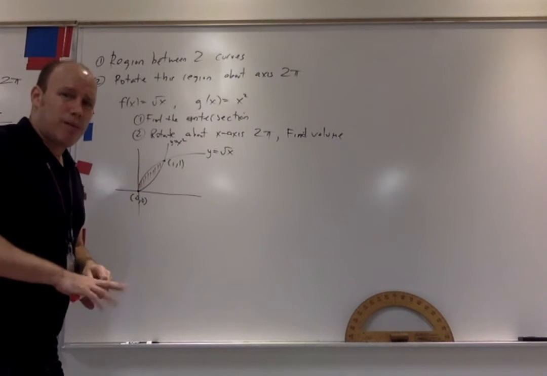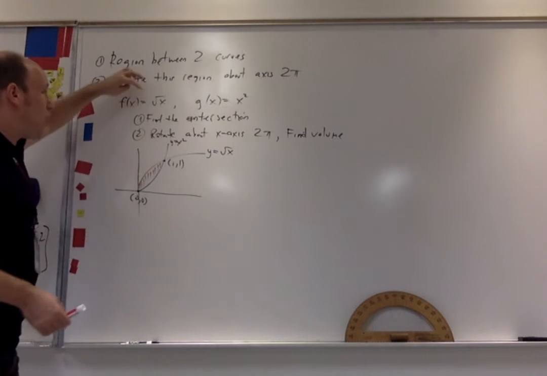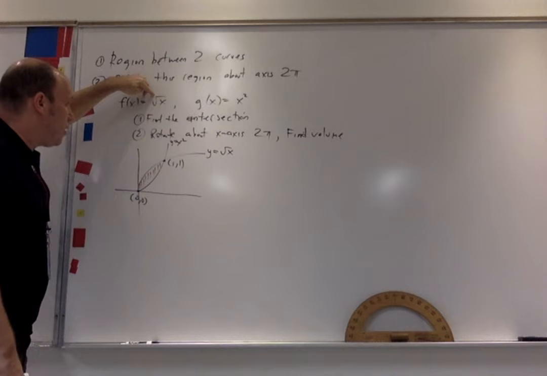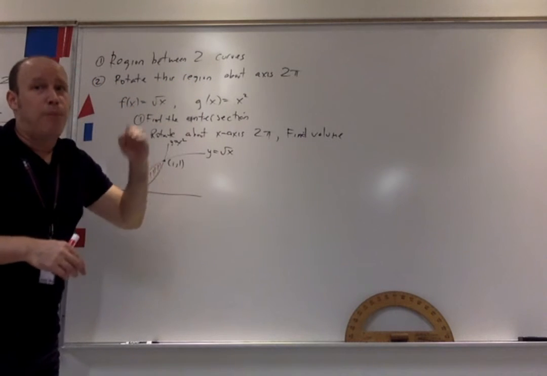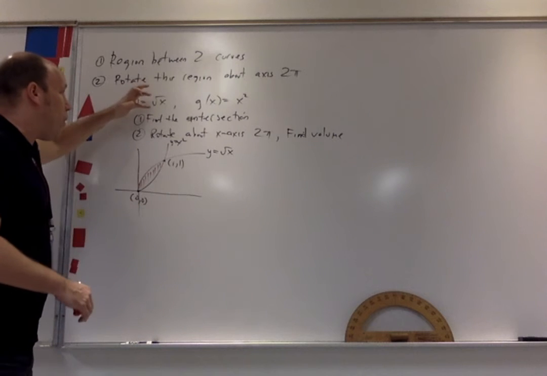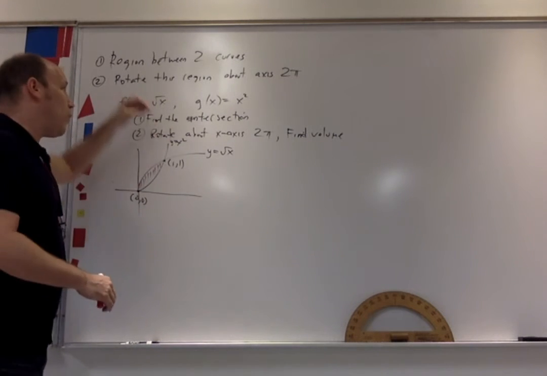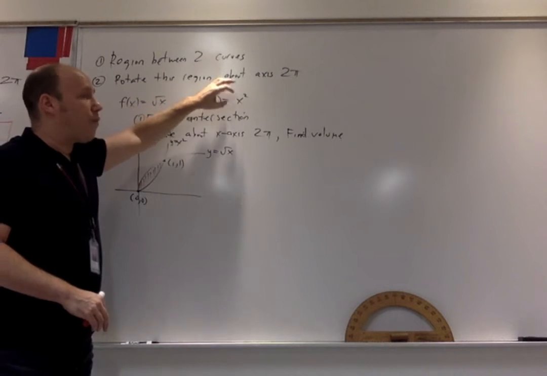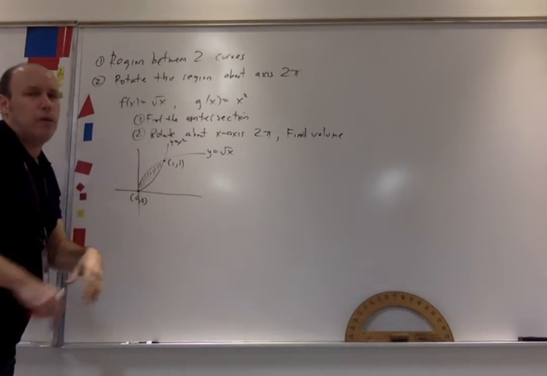What you can do is put f of x in the first, g of x in the second, and then rotate both, do the same thing where you get an n for both of them, and then you create two surfaces, the first one for f of x, the second one for g of x.